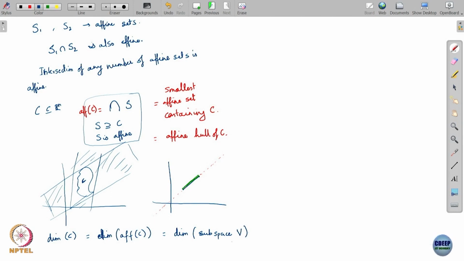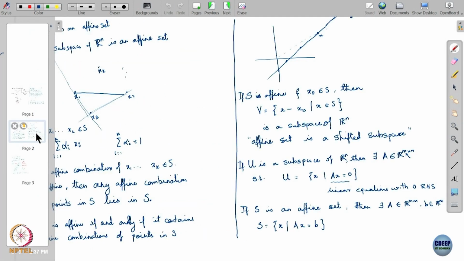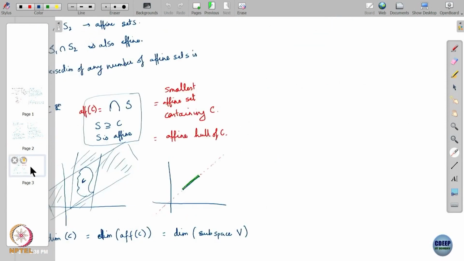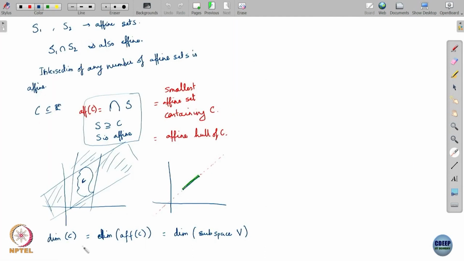The subspace we got previously. We wrote this subspace V here, which was obtained by simply shifting the affine set. The dimension of that subspace can be taken as the dimension of the set C.